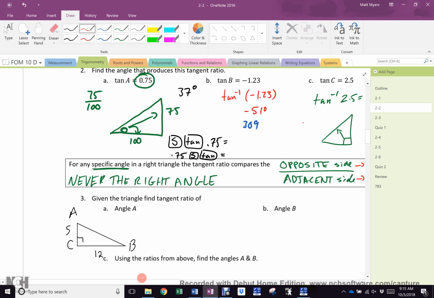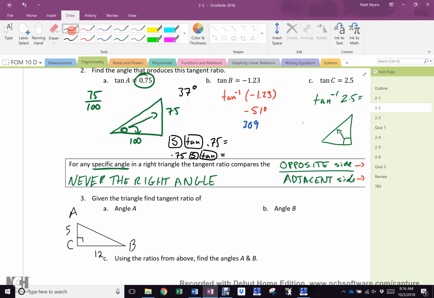Now, this is where trig starts to get tricky. Because up until now, all of you have been like, why didn't we do this first? This is way easier. Okay? This is where it's going to get tricky. Angle A. Where is angle capital A? Describe it on the triangle. It's at the top, which means that's the angle we care about, yes? Because I'm telling you angle A, yeah?